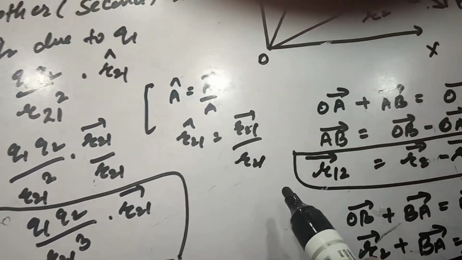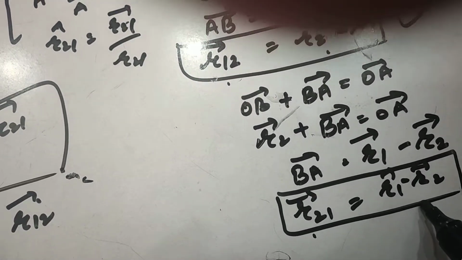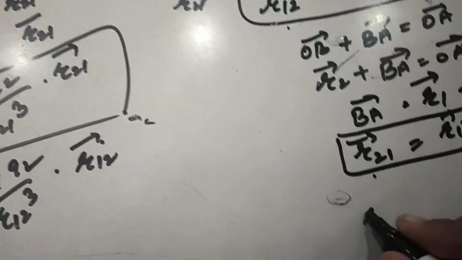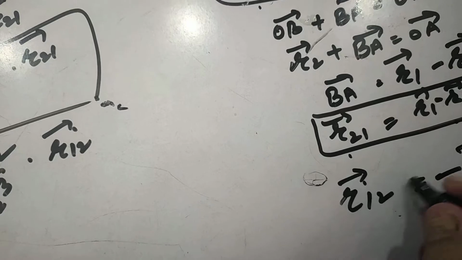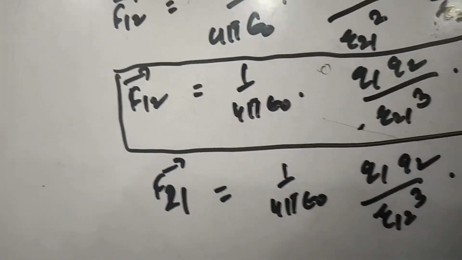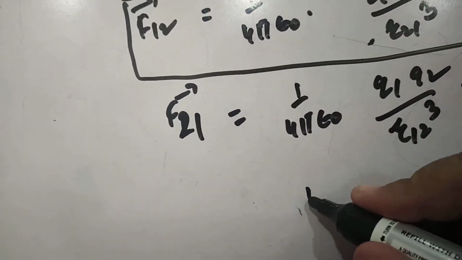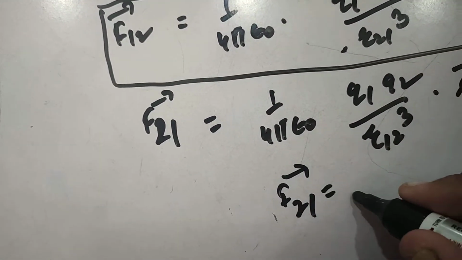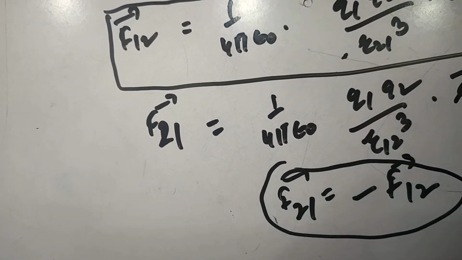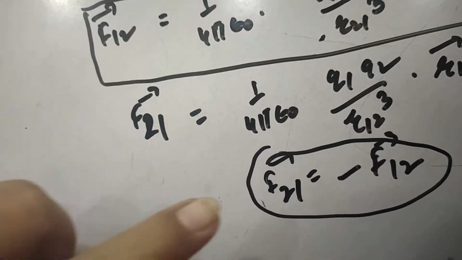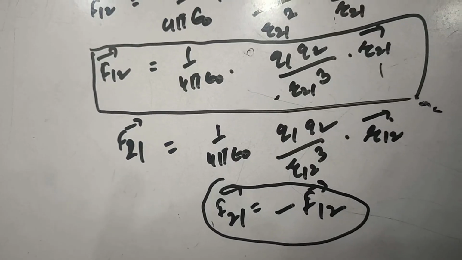Now we can see that r12 is r2 minus r1 and r21 is r1 minus r2, that is, r12 is equal to minus of r21. Putting this value, F21 vector is equal to minus of F12 vector, which is Newton's third law of motion. That is, to every action there is an equal and opposite reaction. I think that will be clear to you.